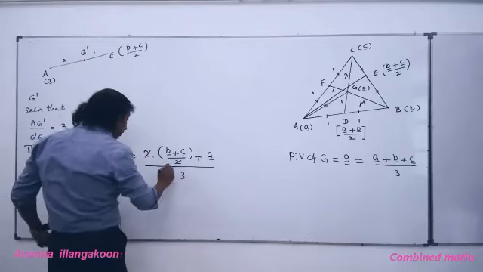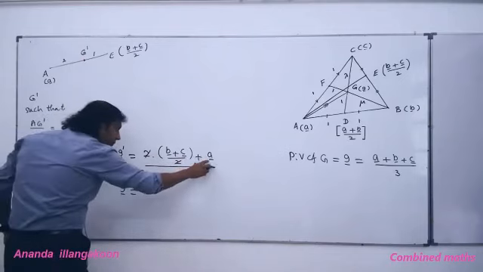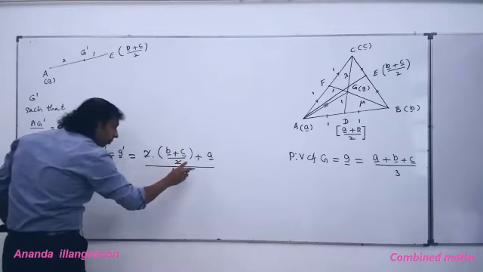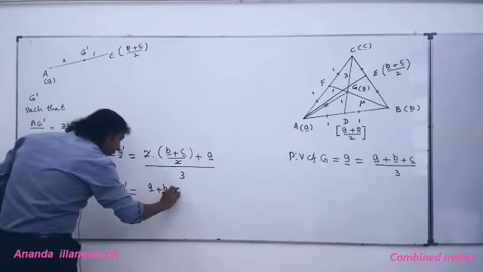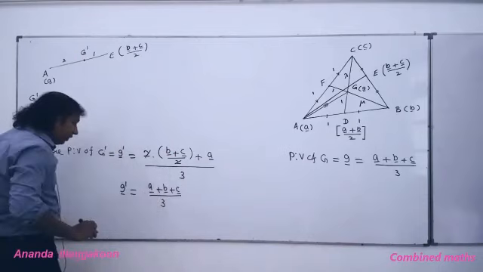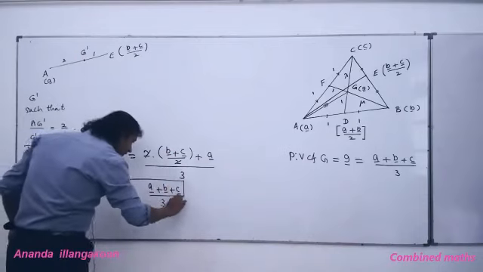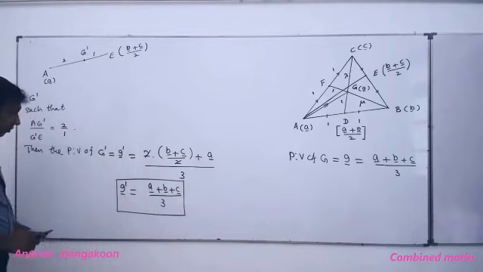This and this you can cancel down. What we get, people, here? A plus B plus C divided by 3. Right. This is the result we expected. G dash is A plus B plus C by 3.